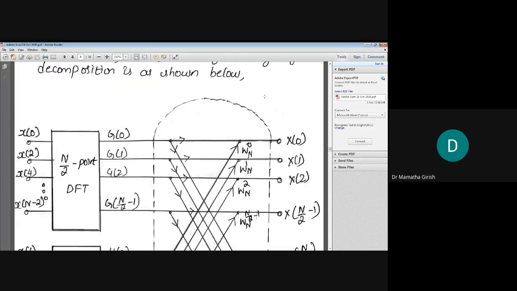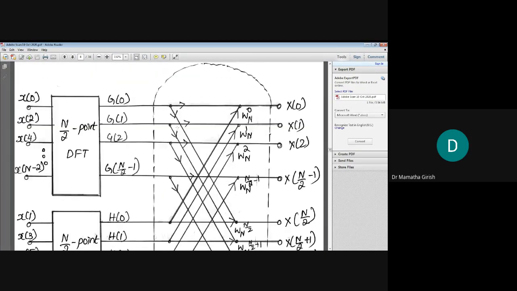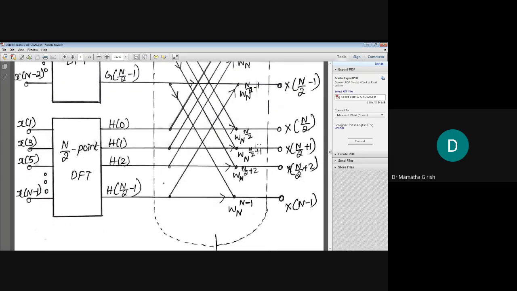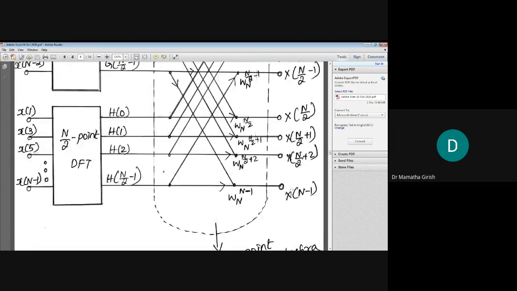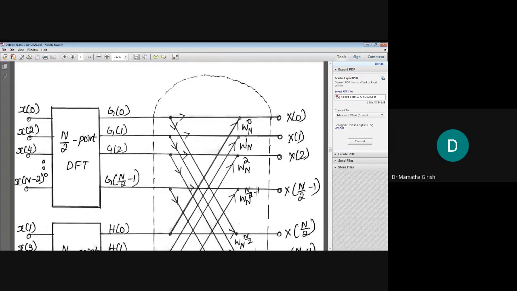See, I've shown this one dotted line. The dotted line is representing what is called the combining algebra. It's called N-point combining algebra, because what exactly am I doing over here? I'm trying to add two terms. For example, what is X of 0?